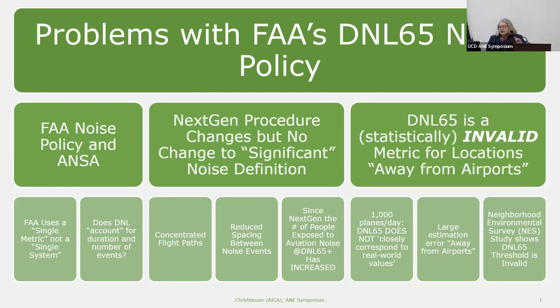I'll start off with problems with the FAA's DNL 65 noise policy. I'll focus on FAA noise policy and ASNA, next-gen procedures, how changes were made to flights and flight paths, but no significant change to noise policy. And then also I want to talk in a statistical sense about how DNL 65 is an invalid metric for locations far from the airport.